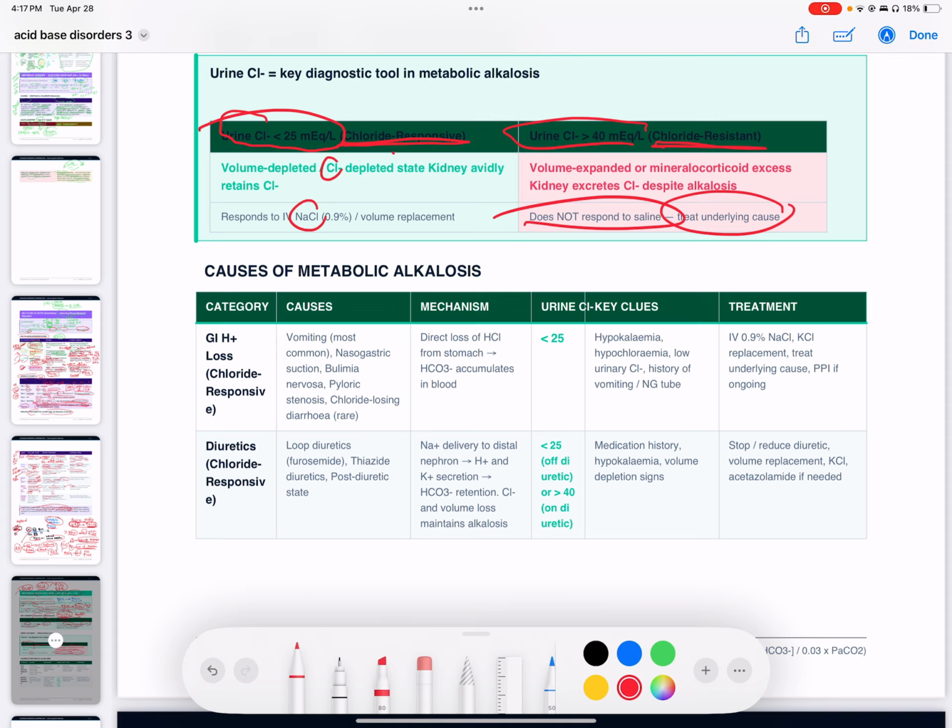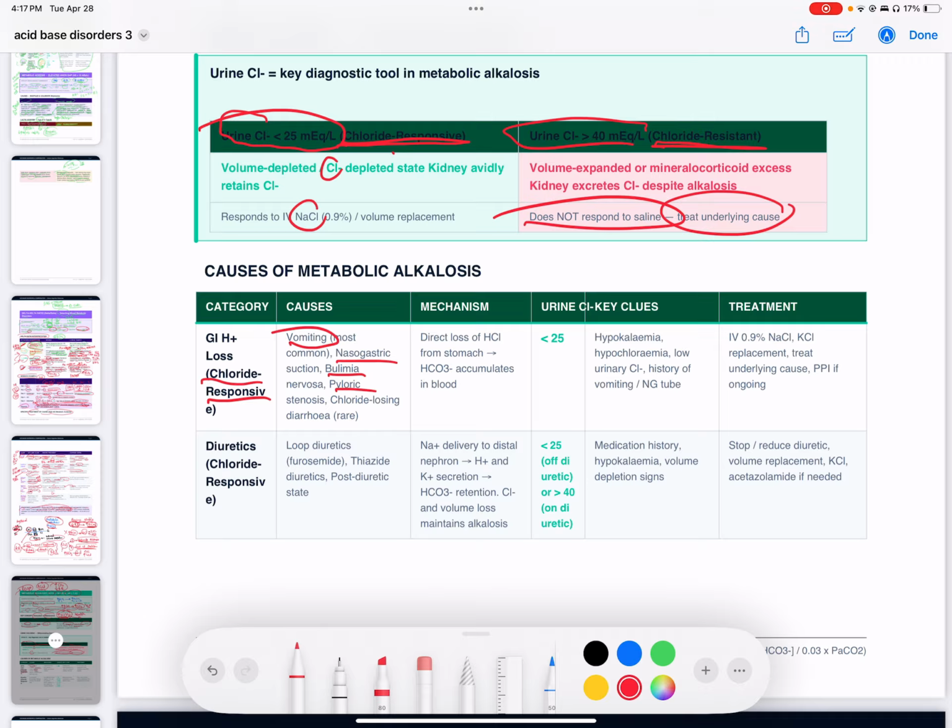Again, different causes of metabolic alkalosis. First, GI loss of hydrogen and chloride, and this is usually chloride responsive because you are losing chloride, and you can see this in different scenarios. Vomiting is the most common, nasogastric suction, bulimia, pyloric stenosis, and all that.